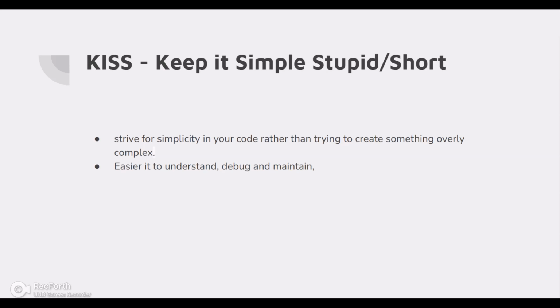The development may go on for 3 or 4 years, and in between a lot of developers have to contribute to this code base. So if our code is very complex, it is very hard for them to understand. So ensure that our code is simple and easy to read and understand.